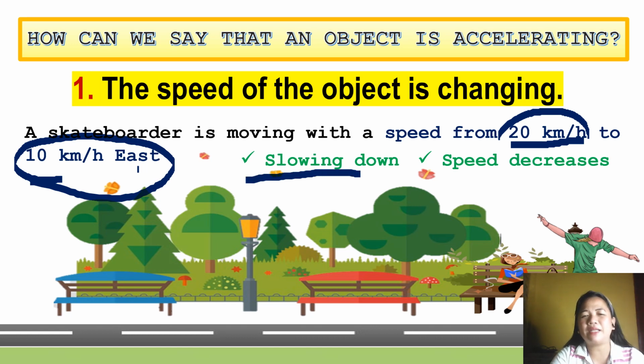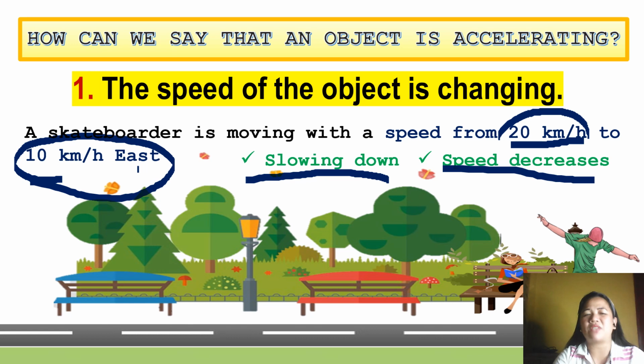Tandaan, kapag nag-increase or kapag bumilis, ang tawag natin is accelerating. Kapag bumagal or na-slow down, bumaba ang speed, ang tawag natin dyan is decelerating. It means that the object is slowing down, bumagal. So, pag bumagal siya, bababa din si speed.